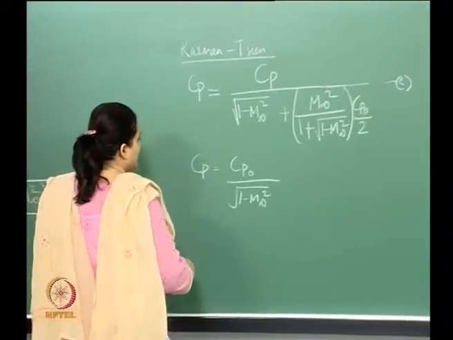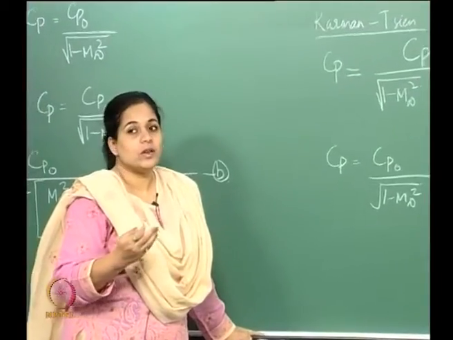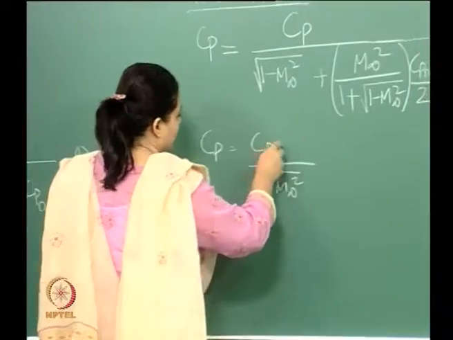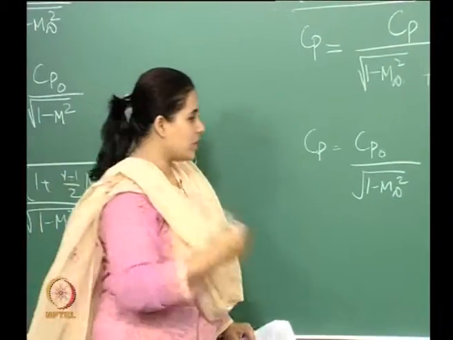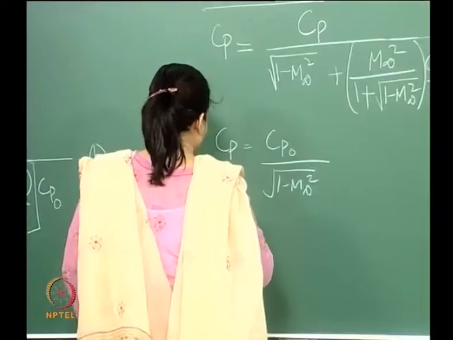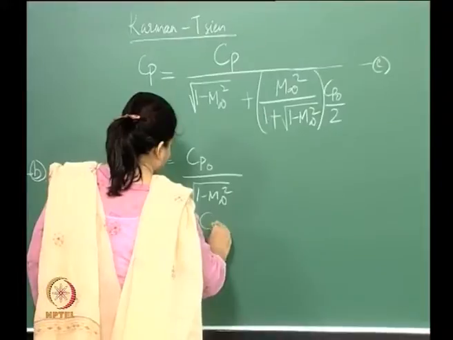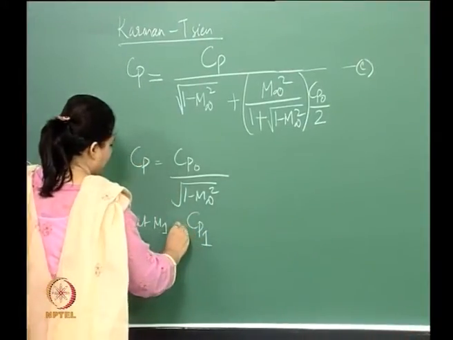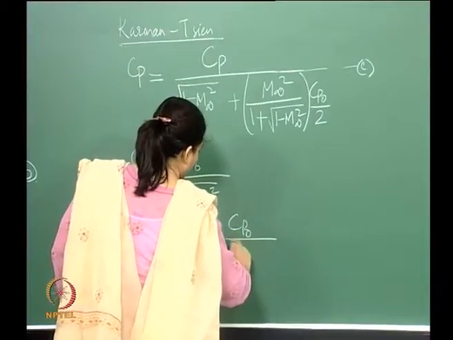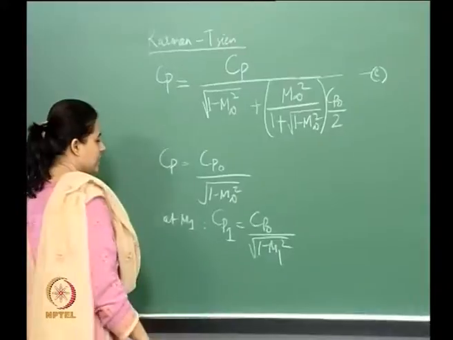For the same airfoil we will have the same incompressible coefficient of pressure. So, this does not change, but the incoming Mach number changes, which means say at M1, let us call that Cp1, the corresponding coefficient of pressure, the incompressible coefficient of pressure does not change. So, we have this.